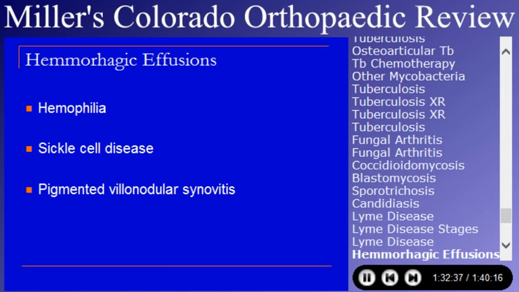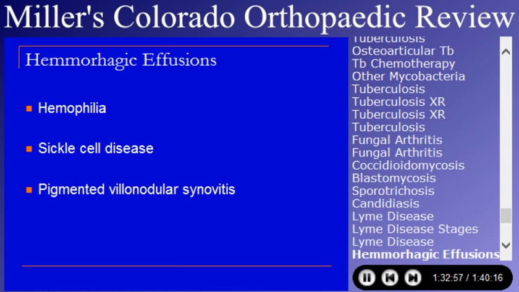Hemorrhagic effusions is the last thing we're going to look at today. Thank heavens for all of us. Associated with hemophilia, sickle cell disease, and pigmented villonodular synovitis. Hemophilia you probably will see a lot of or almost none of.